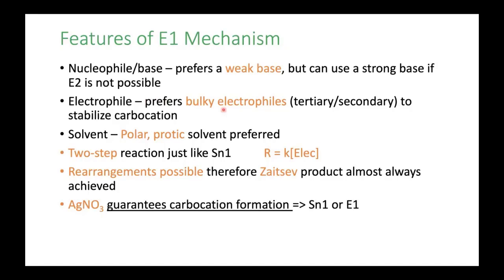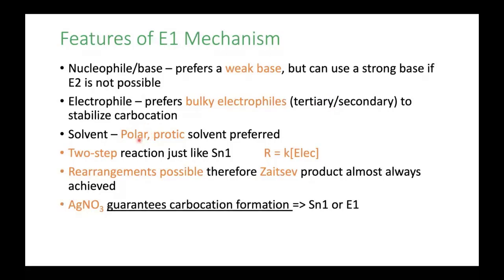For the electrophile, it prefers bulky electrophiles, tertiary and secondary, and that's just to stabilize the carbocation. Our SN1 and our E1 both prefer bulky electrophiles, unlike our SN2. That is because the rate-limiting step is the carbocation formation, and a bulky electrophile, tertiary or secondary, will stabilize the positive charge when it forms.